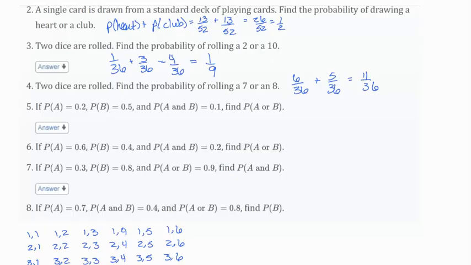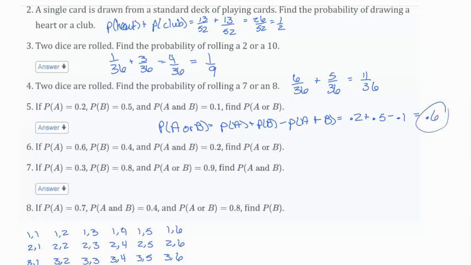We want to find the probability of A or B. So the probability of A or B is equal to the probability of A plus the probability of B minus the probability of A and B. So it's going to be 0.2 plus 0.5 minus 0.1, which is going to be 0.6 or 60%.